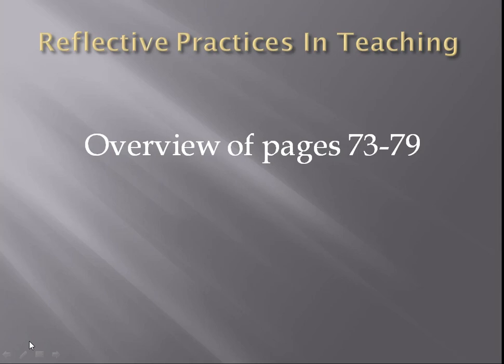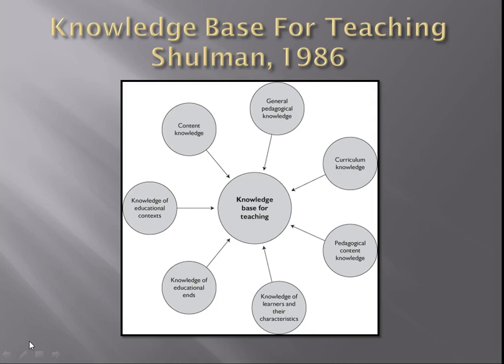As we do so, it will help you answer some of the questions that are going to be posed at the end of the reading in your learning activities, and you can use them for your journal entries and other assignments as we move forward in the course. So let's take a look at what pages 73 to 79 in your text have to say.